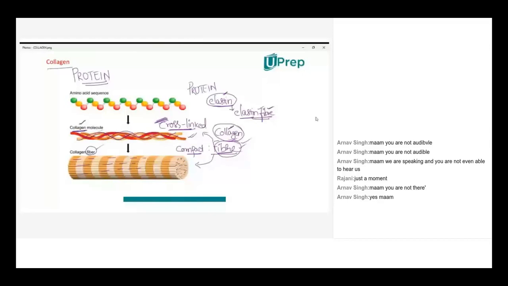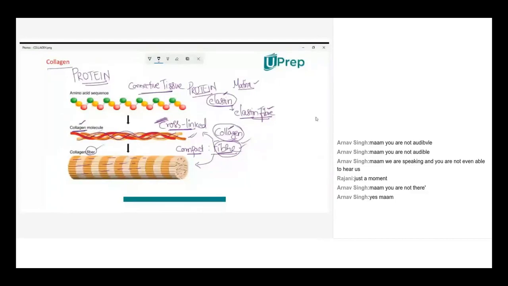Okay, collagen and elastin, both are the proteins which you will find in almost all connective tissues. Okay, so where you will find the collagen and elastin fiber? In the matrix of connective tissue. Okay, that's about the collagen fiber and elastin fibers.